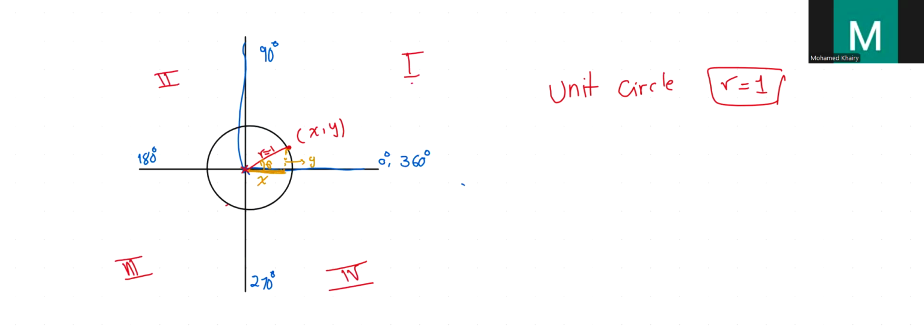Let's figure out together what cosine theta is. Here is my theta. Cosine is adjacent over hypotenuse. Your adjacent here is x over r, but r in the unit circle equals 1. So cosine theta equals x. And sine theta is opposite over hypotenuse, so y over r. Since r equals 1, y equals sine theta. So sine theta equals y.